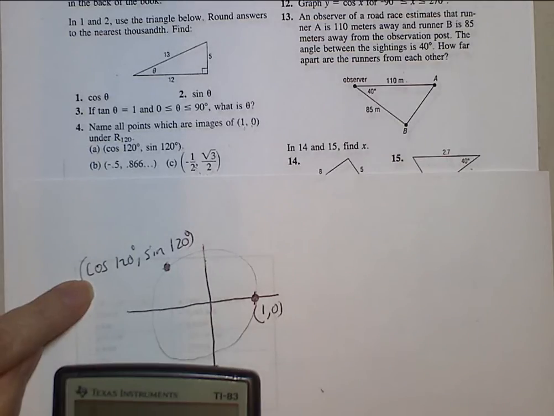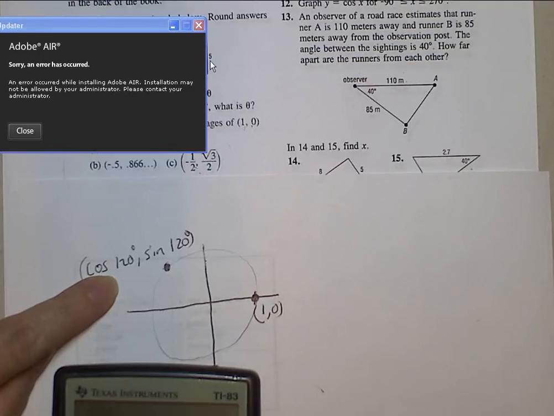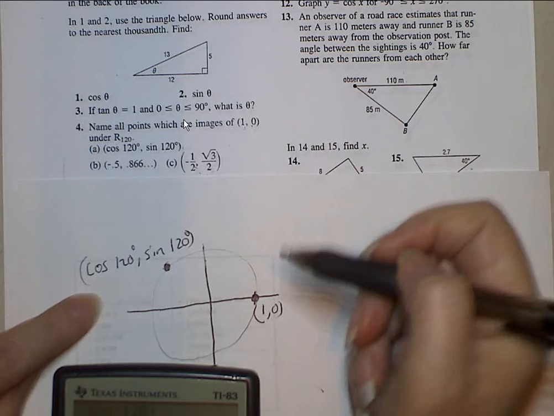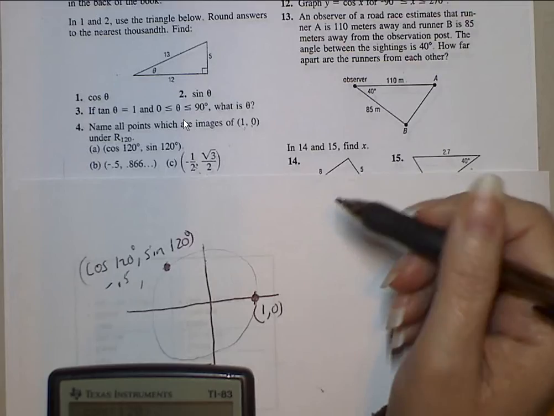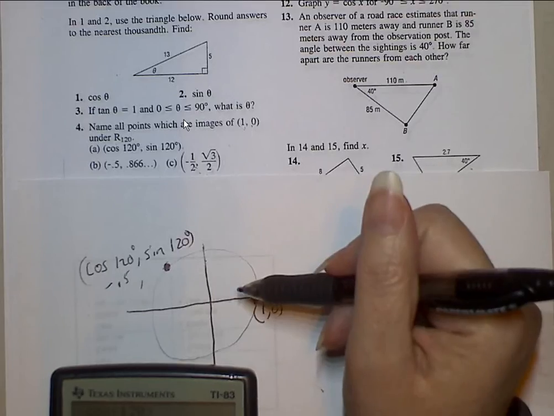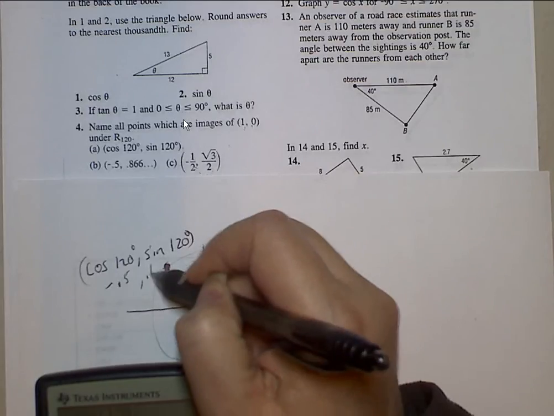If I do cosine of 120, I get negative 0.5. If I do sine of 120, I get 0.866.